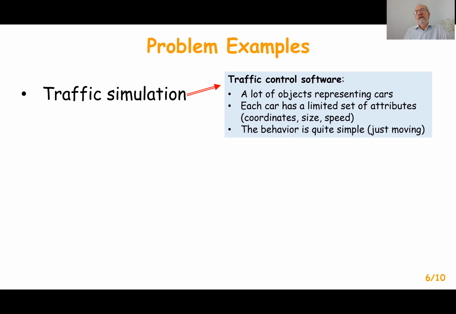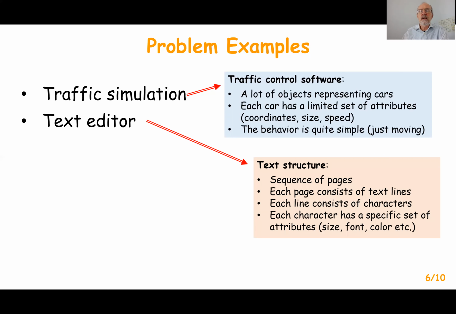Okay, let's quickly consider another example, a text editor. This is a little bit more complicated software, but typically each text editor deals with different kinds of objects. Look at the possible structure of the text being controlled by a text editor.